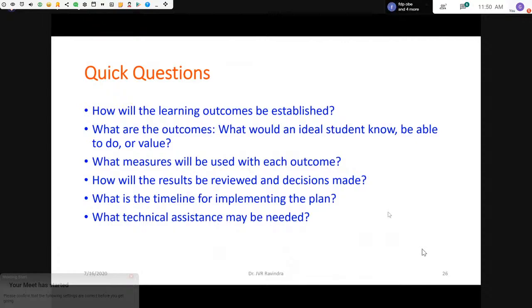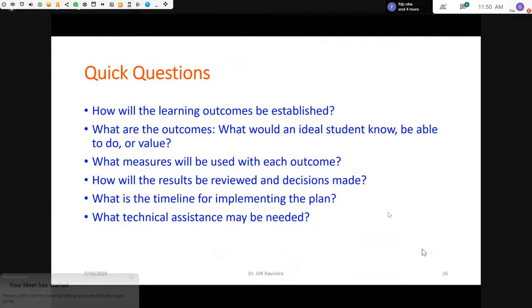See that you are getting the questions that way. Then NBA people will realize that this is what you call OBE, outcome based education. There must be some kind of outcomes, right? So, quick questions: how will the learning outcomes be established? That's what I said just now. When you're talking about learning outcomes, it is formative assessment. When you're talking about course outcomes, it is summative assessment.